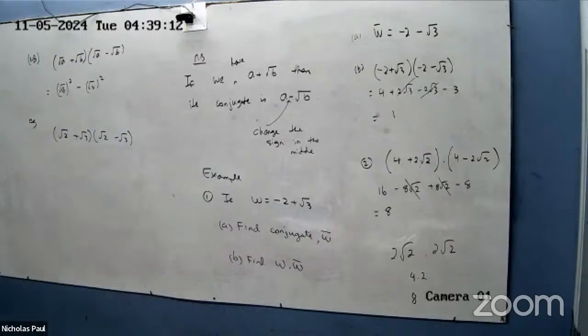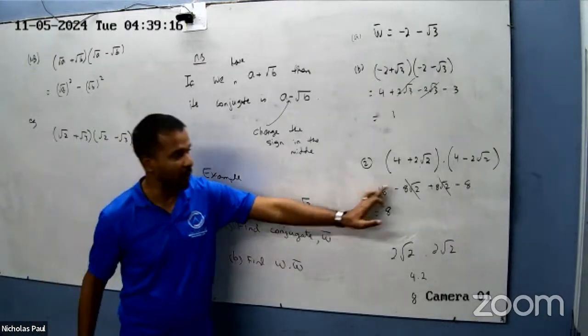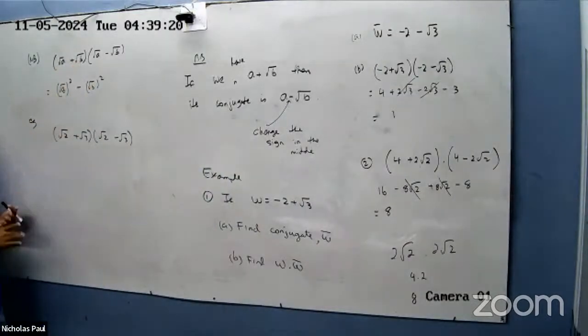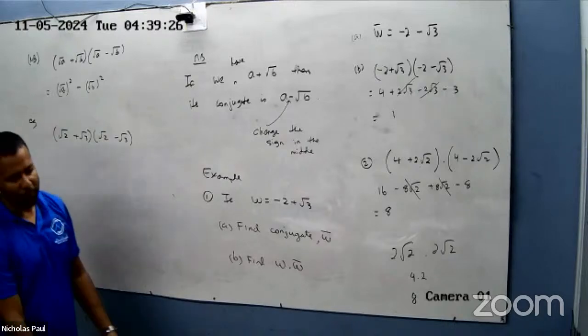I'm just showing you a shortcut, right? The shortcut is don't worry to go and do all these 4 terms here, 1, 2, 3, 4. Just square this one and square this one with a minus. Okay? That's a short way you can do it.